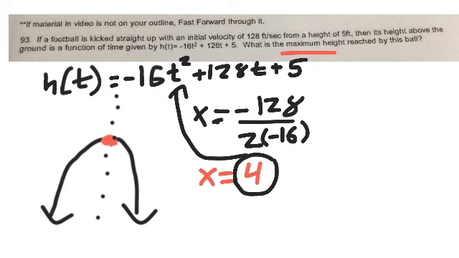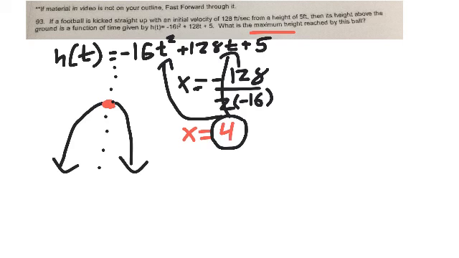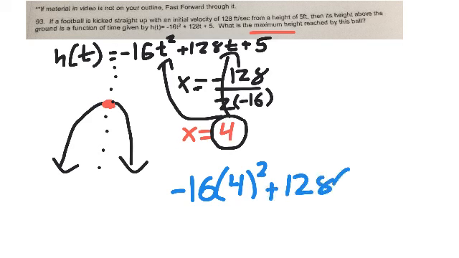So I'm going to plug in 4 for t, to find out what that height was. So that would be -16 times 4 squared plus 128 times 4 plus 5. So 16 times 16 is -256.